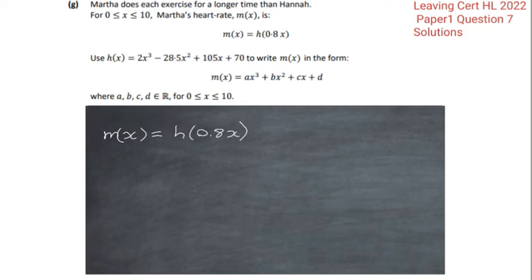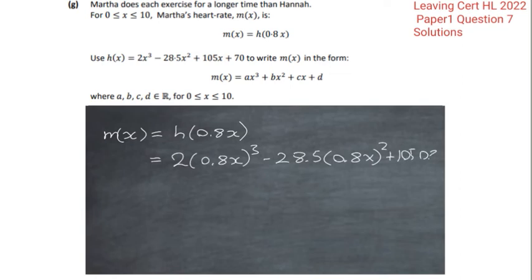So remember, h of x was the original function up here. So everywhere we have x, we will replace with 0.8 x. So we will get 2 by 0.8x all cubed minus 28.5 by 0.8x all squared plus 105 by 0.8x, and we have a plus 70, which is a constant.